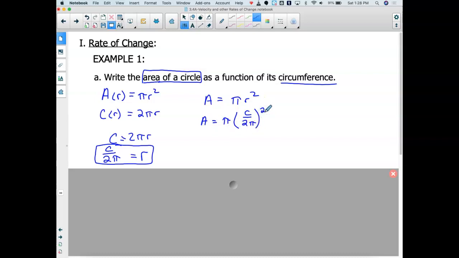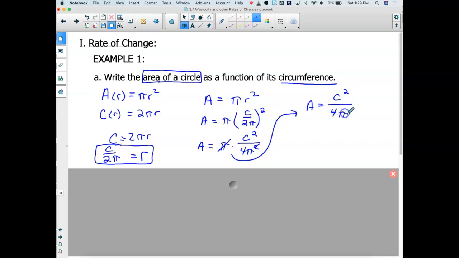So I can use these two variables to redefine my function. My area is going to equal pi times circumference squared over 4 pi squared, which allows me to say area equals, that's going to get rid of that, circumference squared over what?